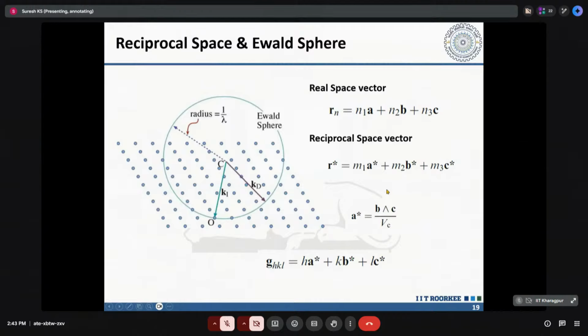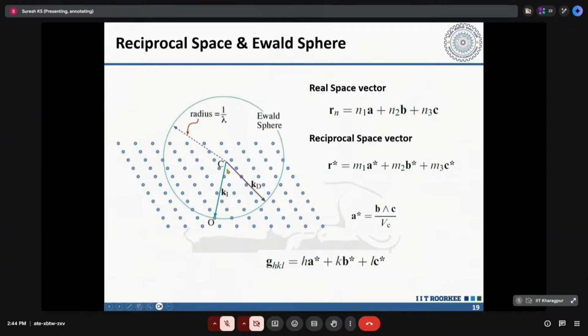By definition, A star is perpendicular to real space vectors B and C. These points correspond to the reciprocal lattice space, and then we construct an imaginary sphere which was proposed by Ewald, which is why it is called the Ewald sphere.